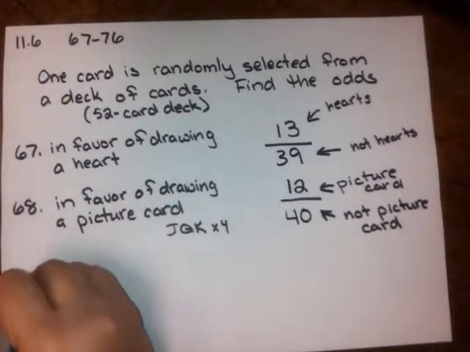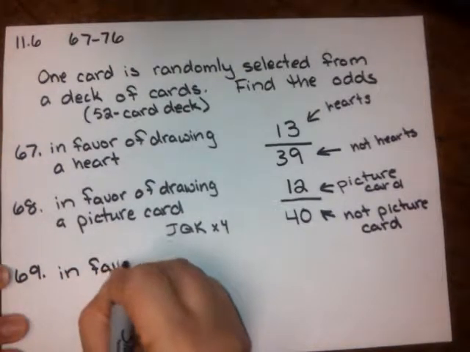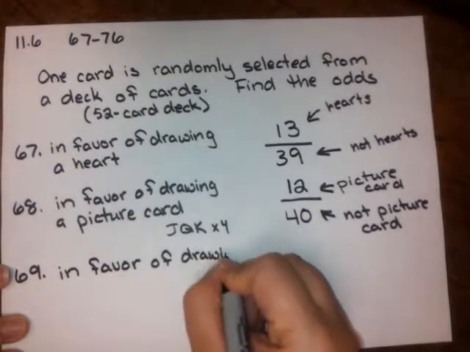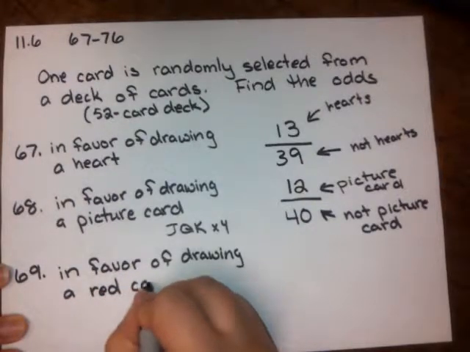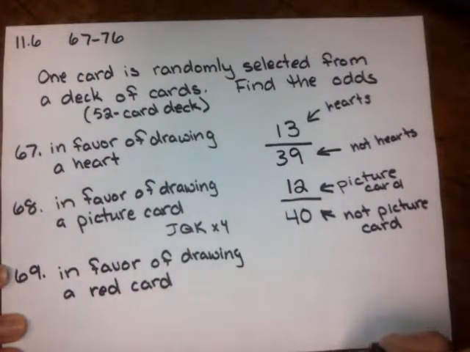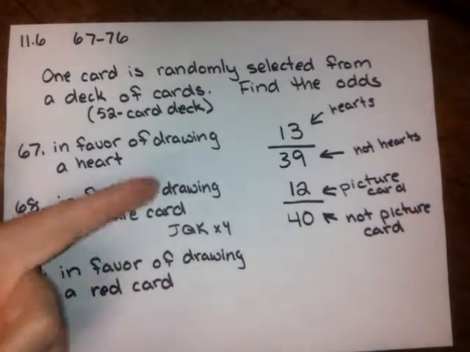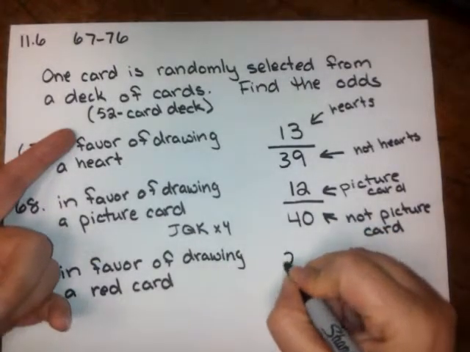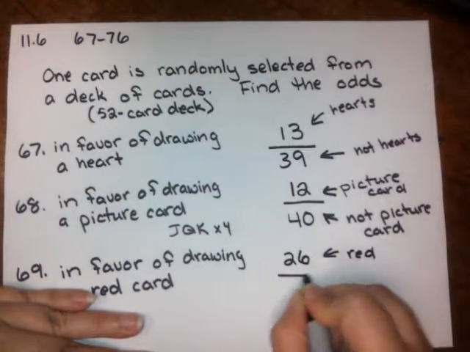Okay, 69 in favor of drawing a red card. Okay, how many red cards are there in the deck? We have hearts and diamonds, 13 of each. 13 times 2 is 26 red cards.